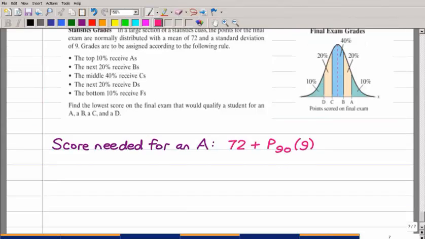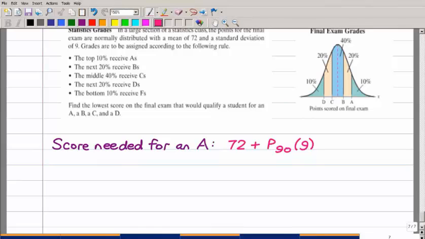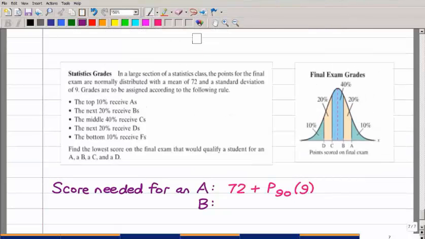I'm just going to set these up for you, and if you want to calculate them out of curiosity, that's fine. I wouldn't have a question directly like this on a test, but I want to show you this. Score needed for a B: if you look at the graph, the 20% section plus the 10% above it means 30% is above, the 20% for the B's and the 10% for the A's.